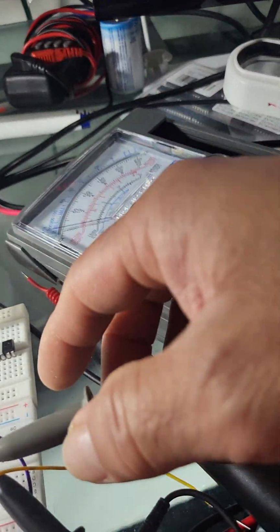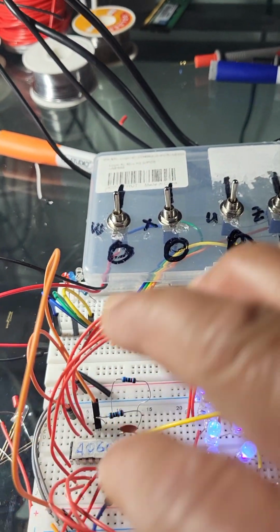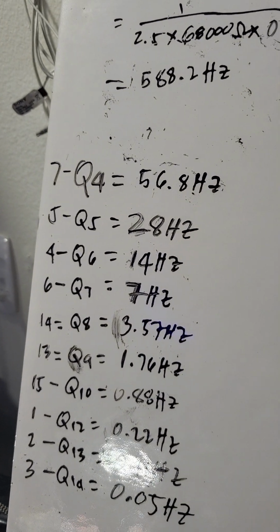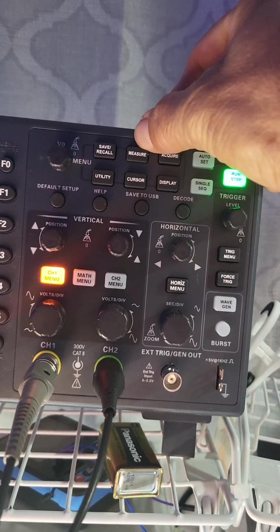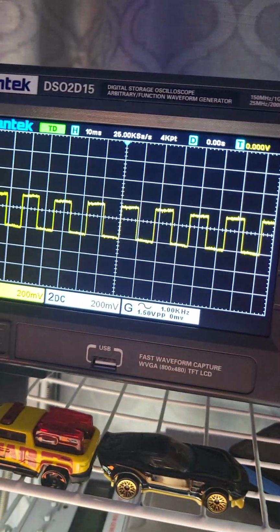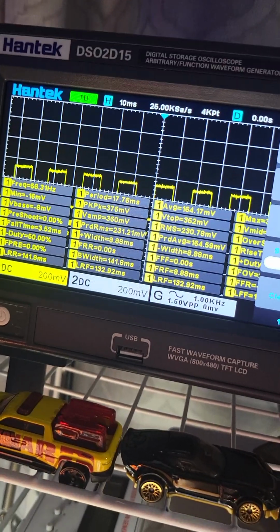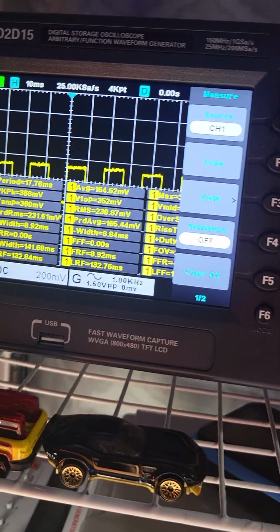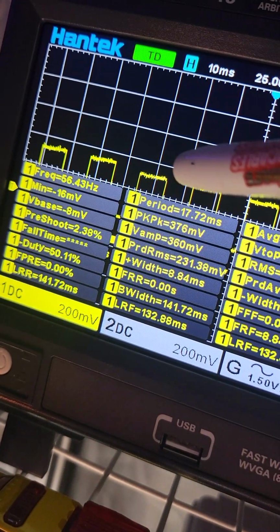Because we connect our probe here at pin 7, that is again Q4, 56.8 hertz. Let's see here if we press measure, so measure the output. Okay, look at that. The frequency is 56.4.